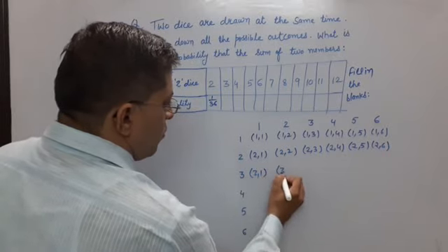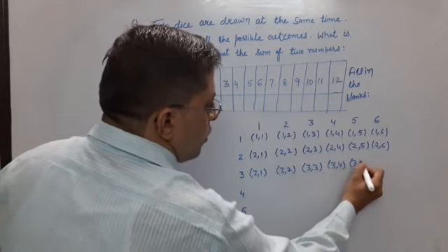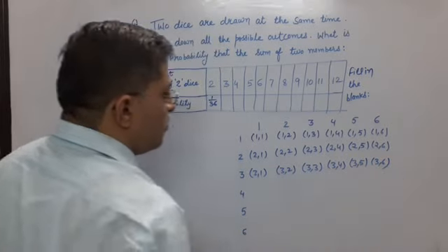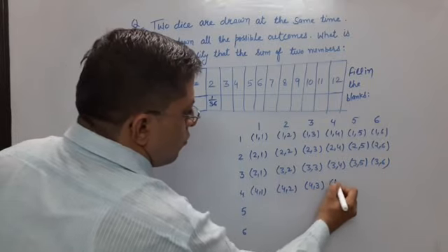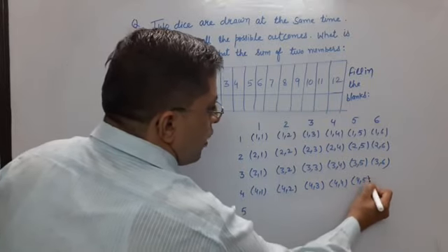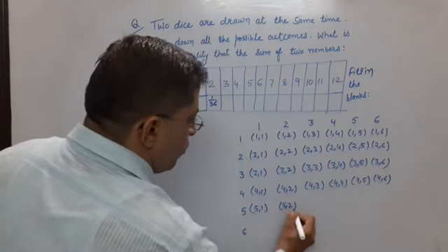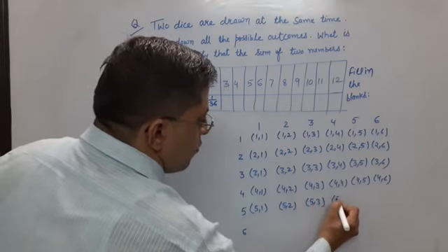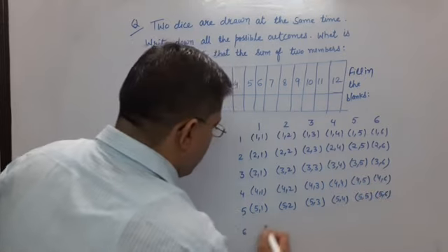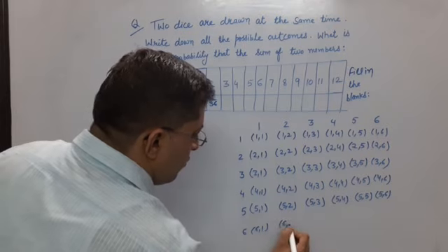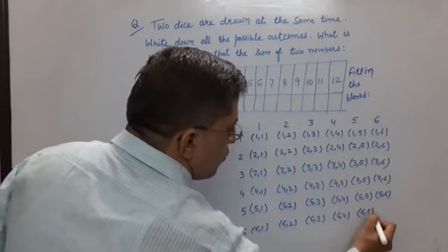Then 3, 1, 3, 2, 3, 3, 3, 4, 3, 5, 3, 6, then 4, 1, 4, 2, 4, 3, 4, 4, 4, 5, 4, 6, then 5, 1, 5, 2, 5, 3, 5, 4, 5, 5, 5, 6. Then the last step: 6, 1, 6, 2, 6, 3, 6, 4, 6, 5, and 6, 6.